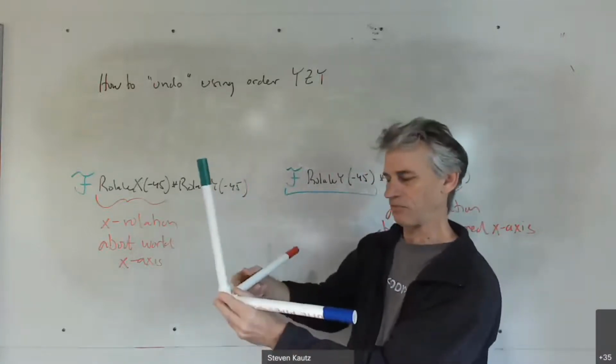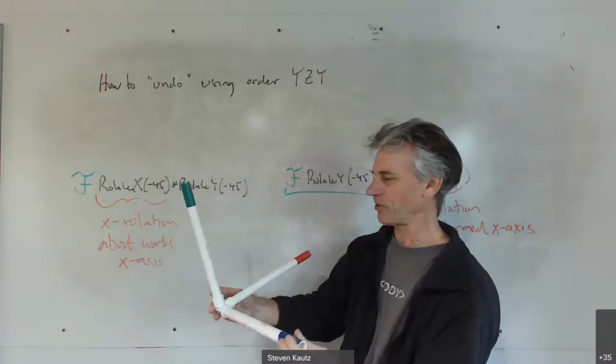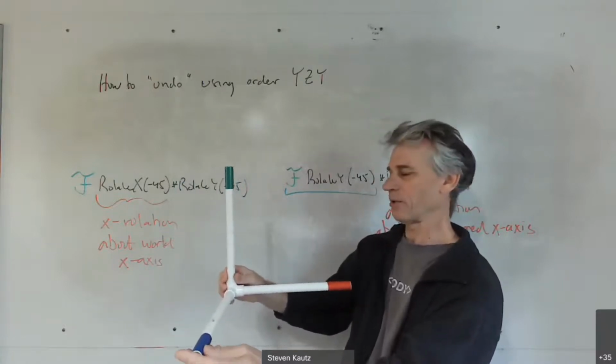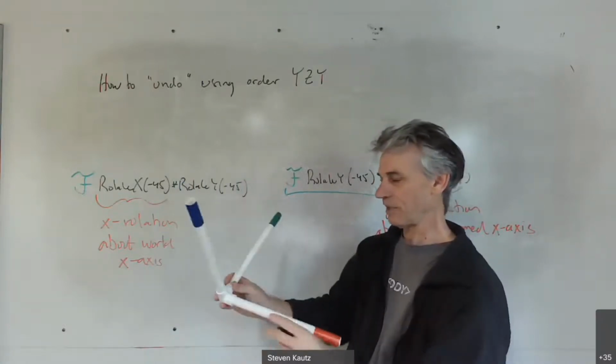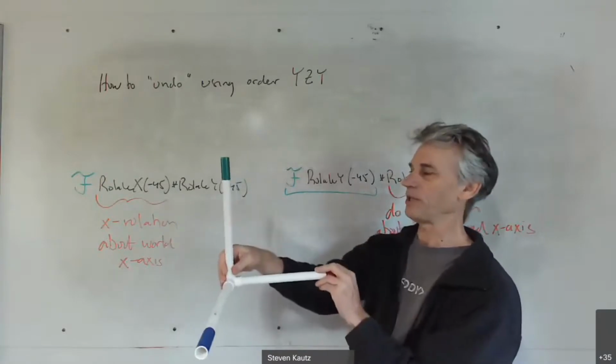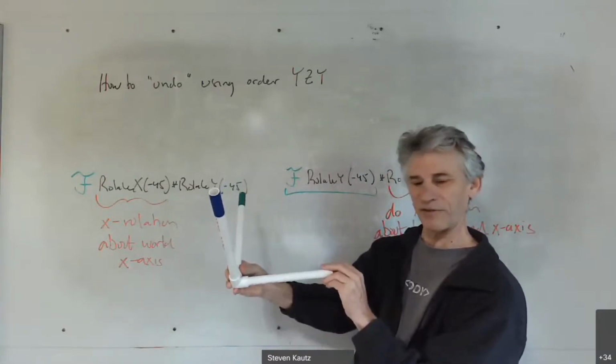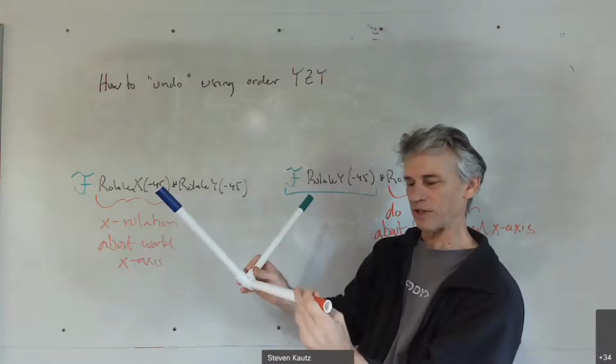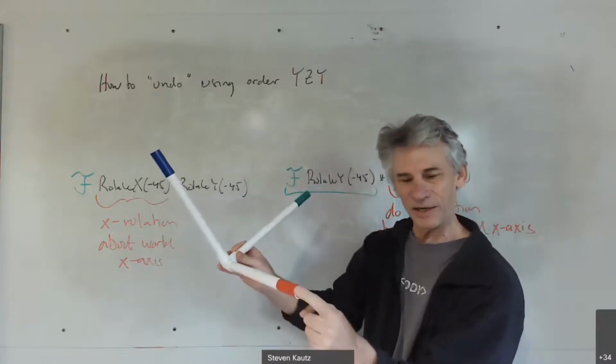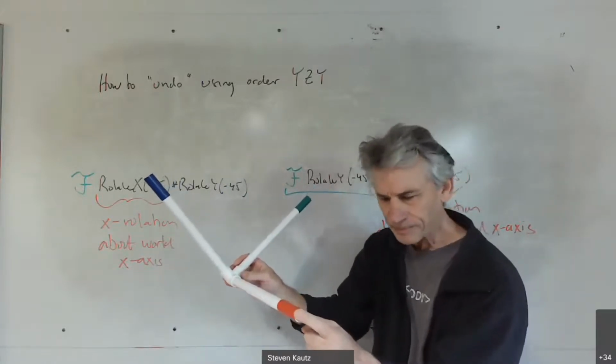So let's do that once or twice more. So where were we? We were originally here. In other words, we did our clockwise 45-degree x rotation, clockwise 45-degree y rotation.